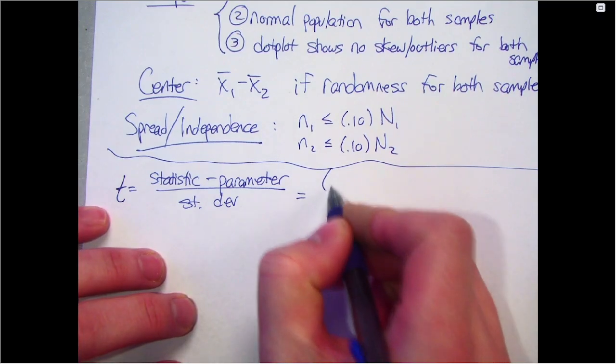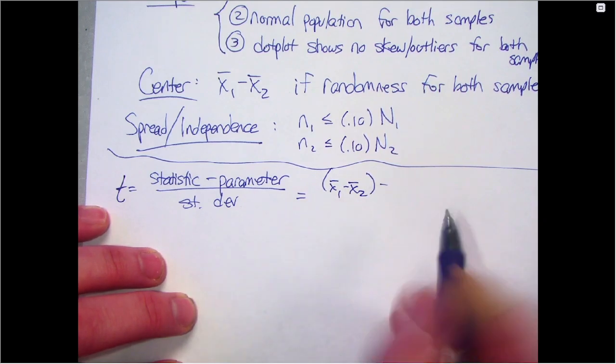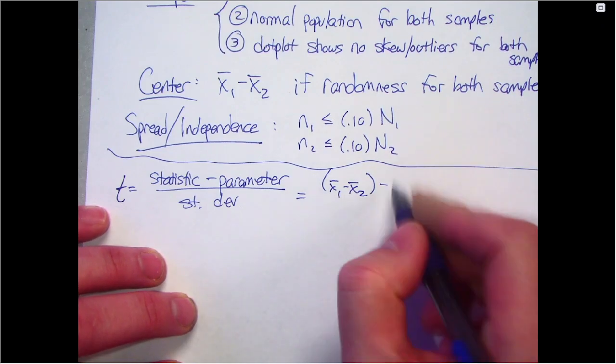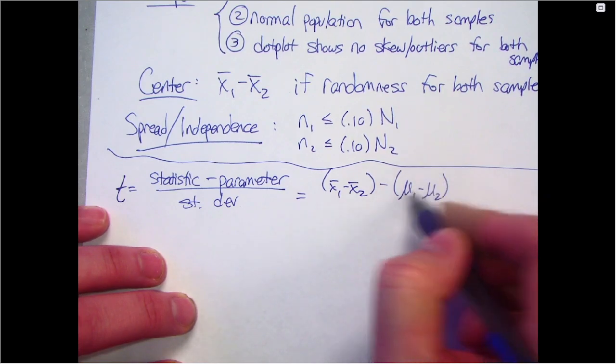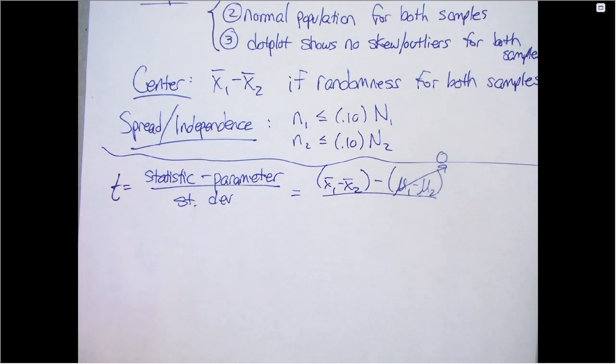So this is x bar 1 minus x bar 2. That's the subtraction for your statistics. Minus mu1 minus mu2, but we know that's going to be 0, we're just writing it to show that we know what it is.